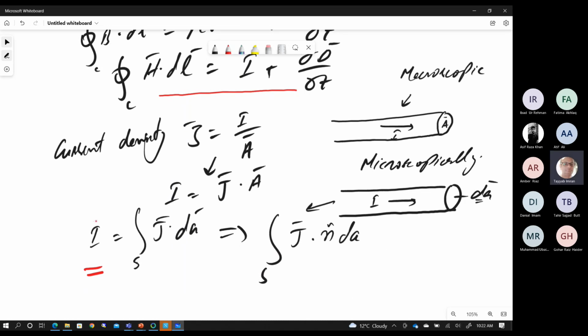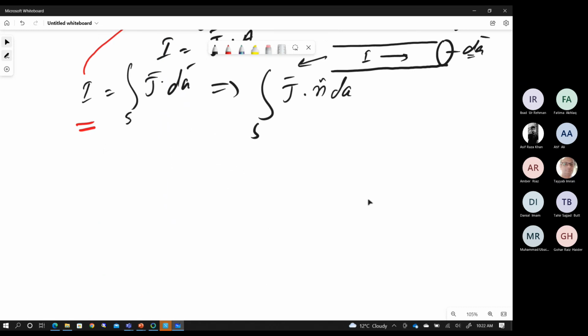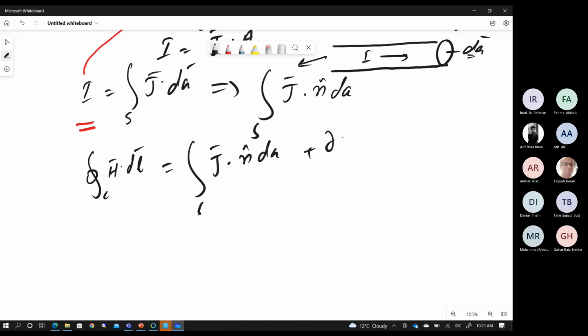If we substitute here, then this equation will be like this.